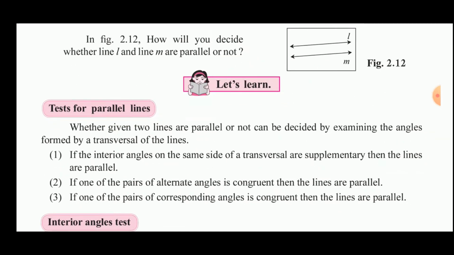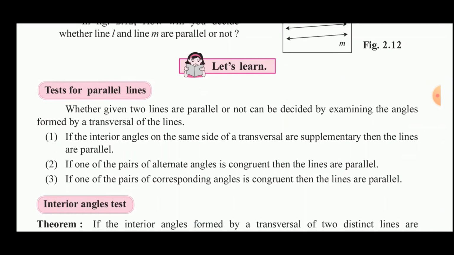Now there are 3 tests for parallel lines. Whether the given 2 lines are parallel or not can be decided by examining the angles formed by the transversal of the lines. Now the first test is the interior angles test: if the interior angles on the same side of the transversal are supplementary, then the lines are parallel.